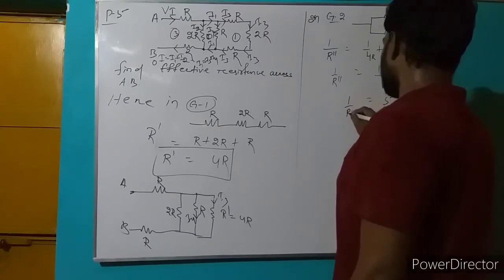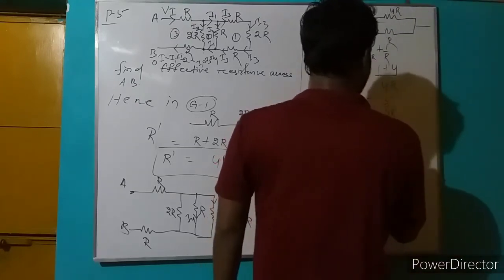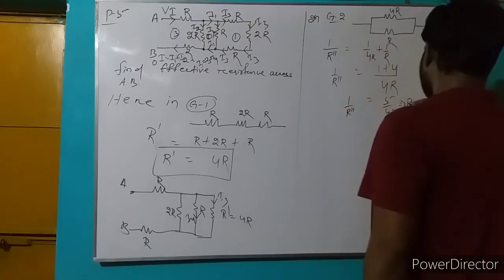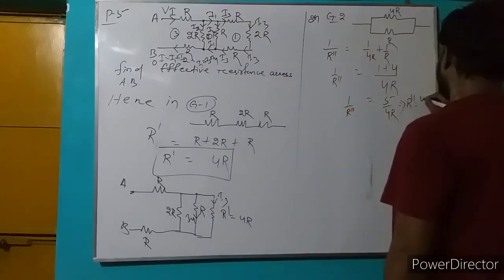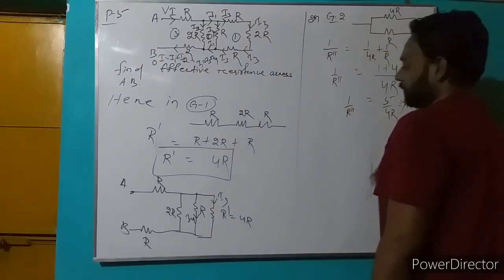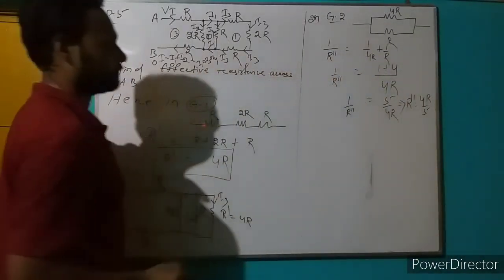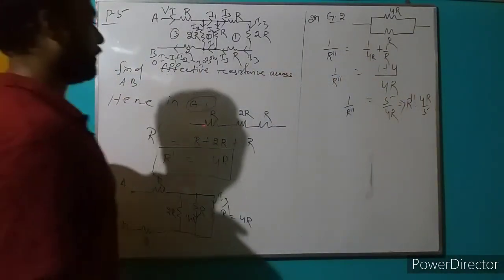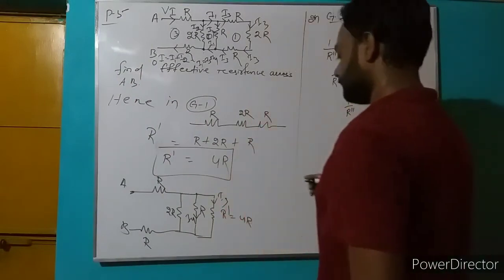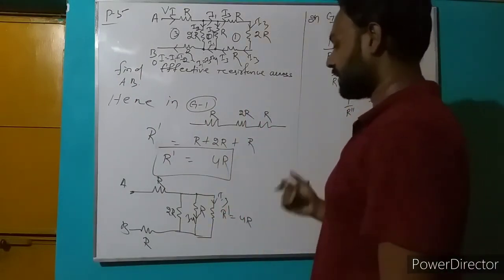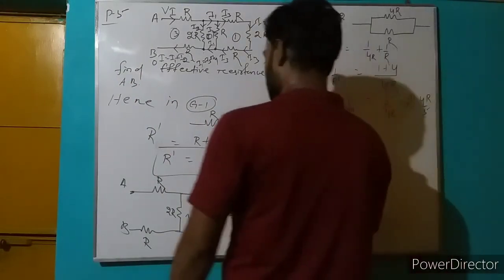That means 1 by R double prime equals 5 by 4R, which implies R double prime equals 4R by 5. So here I will represent that diagram again, so we can solve it.